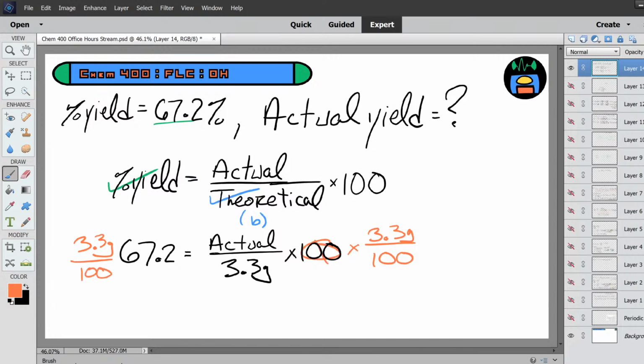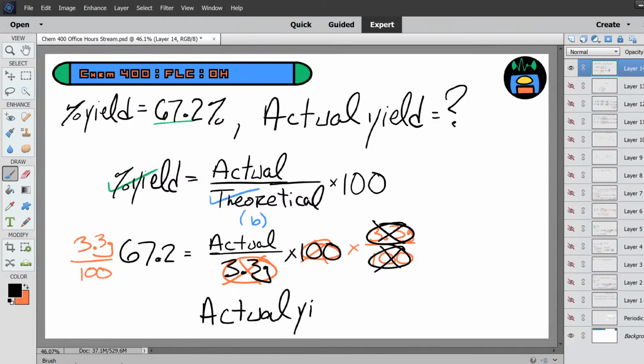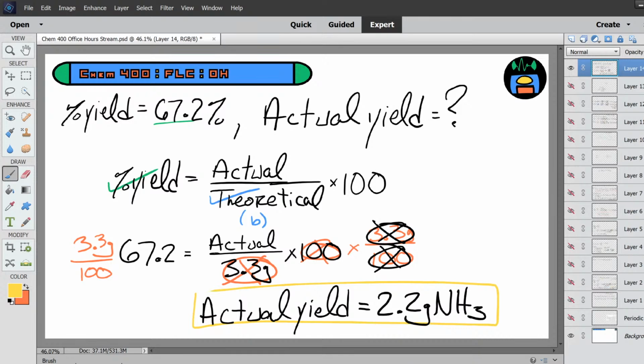So 100 cancels, 3.3 grams cancel. And we can crunch our numbers. So 3.3 times 67.2 divided by 100. We can only keep 2 sig figs, so our actual yield of ammonia is 2.2 grams. All right, and that is the answer for part C.